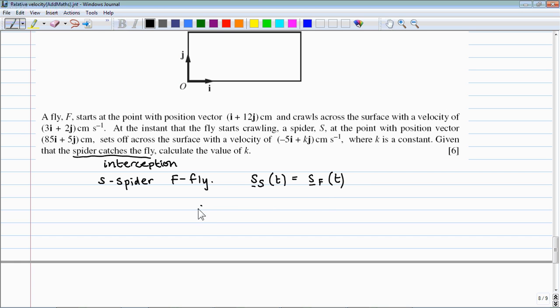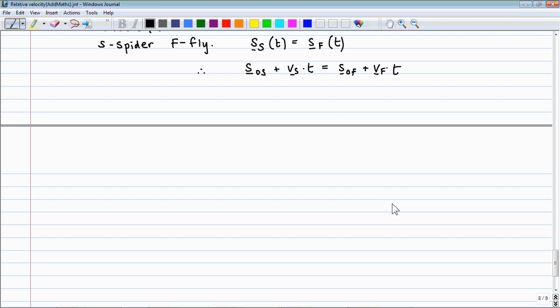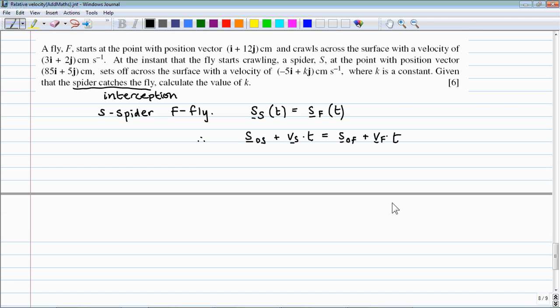So again, the displacement vector of the spider at time 0 plus the velocity of the spider times a certain time is equal to the displacement vector of the fly at time 0 plus the velocity of the fly times time. Same basic idea, you see. And you simply replace these vectors with the data we're given up here.